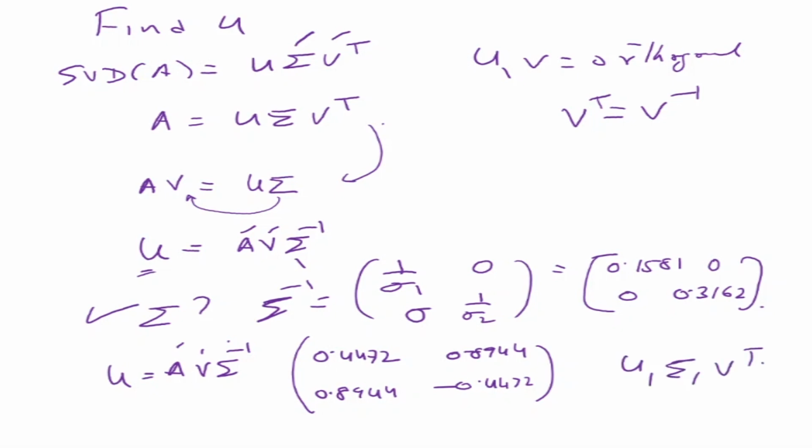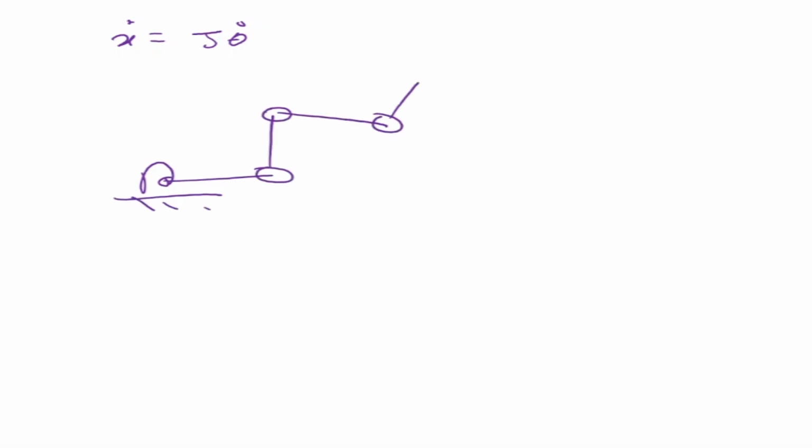For any matrix A, I now know sigma, how it has been scaled, the direction it was in before scaling, and the direction it is in after scaling. This enables us to analyze the transformation x dot equals J theta dot for any degree of freedom manipulator, with joint velocities theta 1 dot, theta 2 dot, theta 3 dot, theta 4 dot.